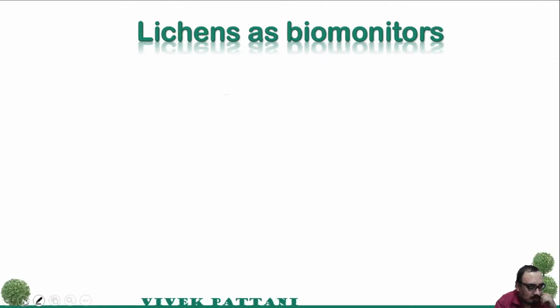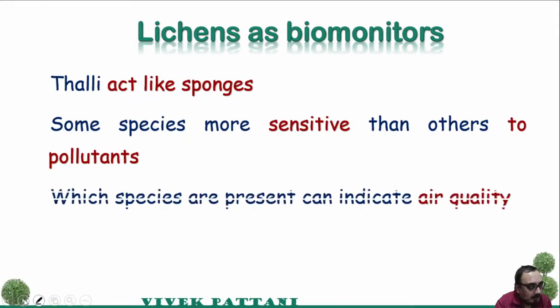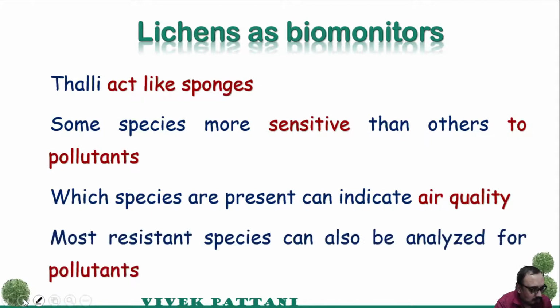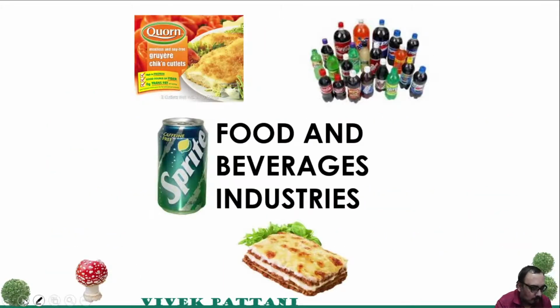It's a symbiotic association, and these lichens can also act as biomonitors, and thalli act like sponges. Some species are more sensitive than others to pollutants and can indicate the air quality, and the most resistant species can be analyzed for the pollutants also.